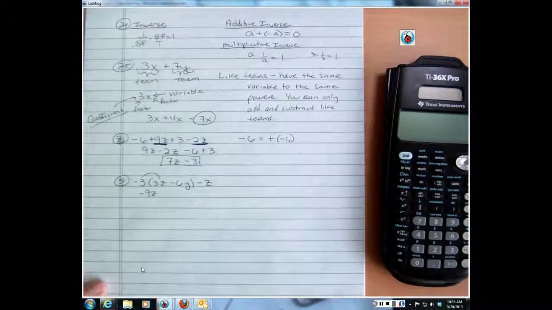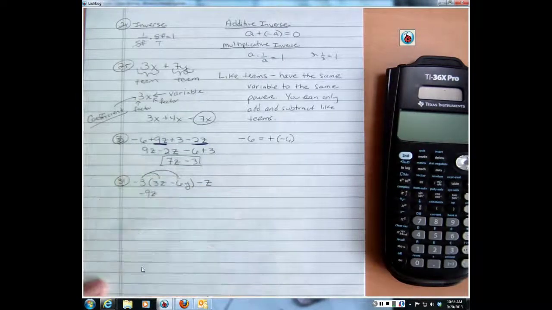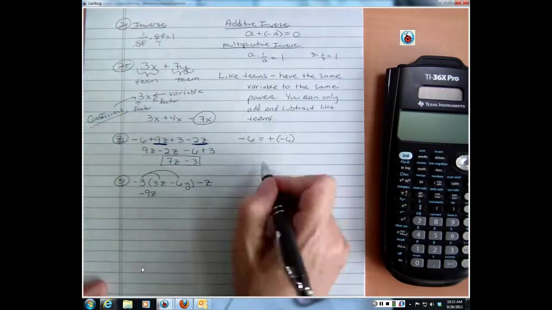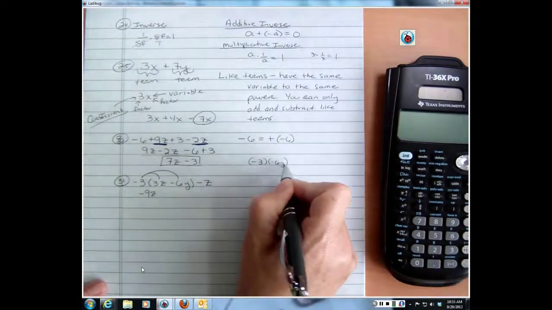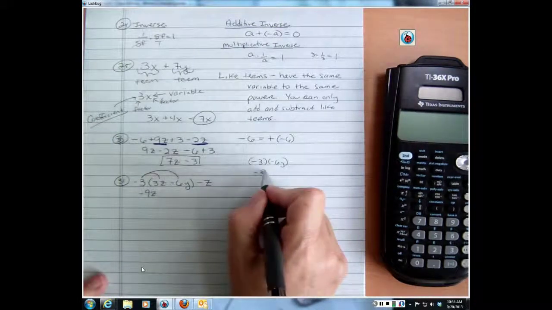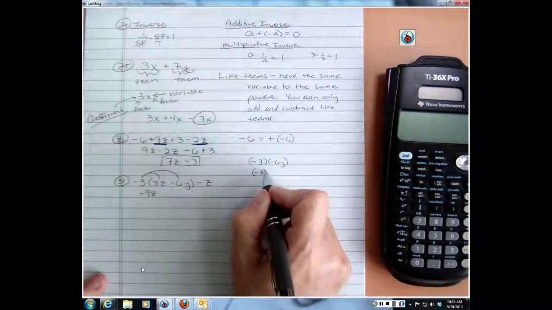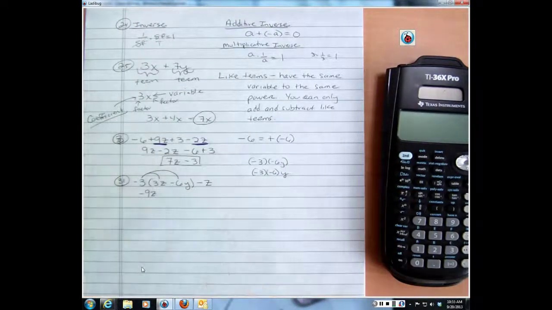All right. Now I'm doing the second part, which is negative 3 times negative 6y. If I write this up to the side here, negative 3 times negative 6y, you can see that I can change that using the associative property. Put the negative 3 and the negative 6 together and boot the y out.